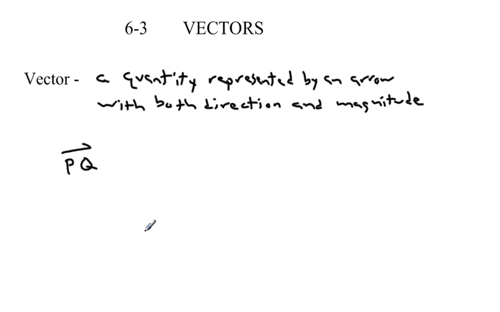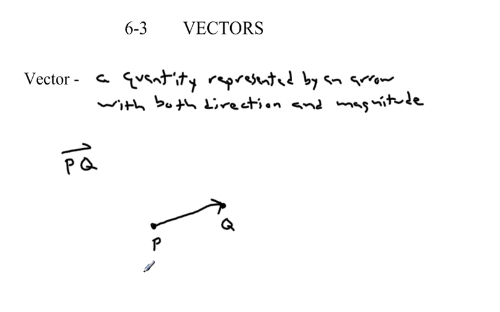So if I have point P and point Q, segment PQ just looks like this. Ray PQ goes forever. Vector PQ is like a segment in that it has this length from P to Q, but it's like a ray in that it has direction. It starts at P and goes to Q. So this would be vector PQ.